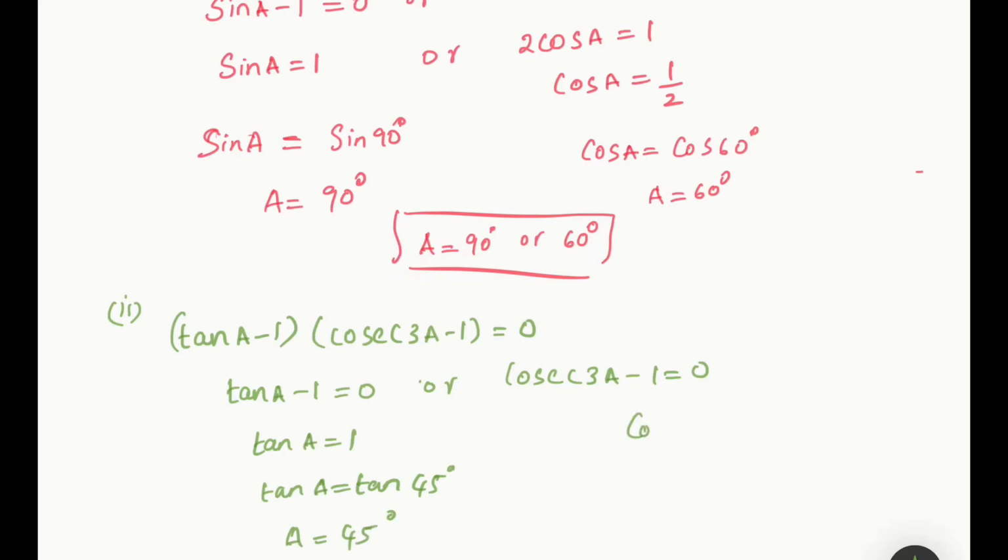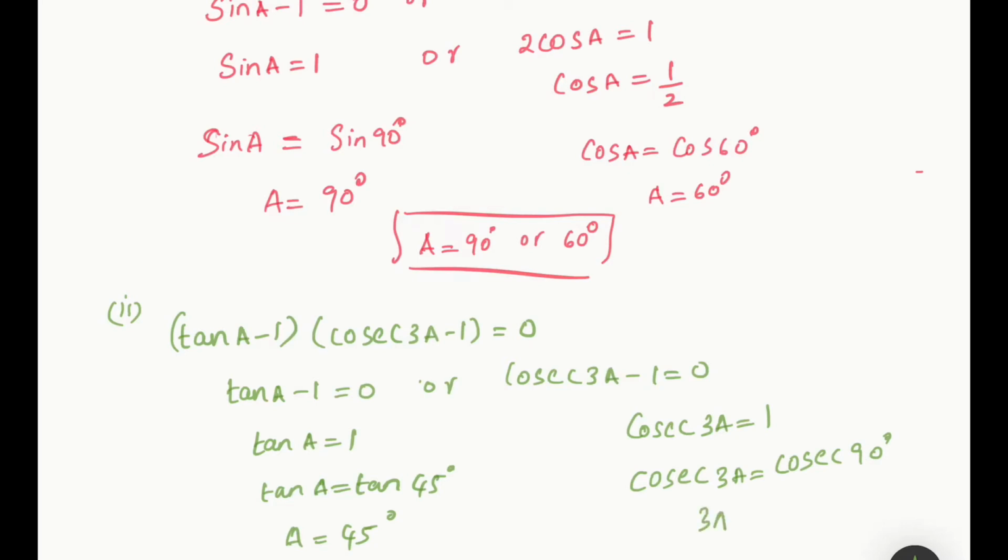Now cosec 3A equals 1. So again, for which value of cosec do you get 1? Look at the table. By now you will have learned the table completely, right? So for which value of cosec do you get the answer as 1? It is 90 again. Okay. So cosec 3A equals cosec 90.